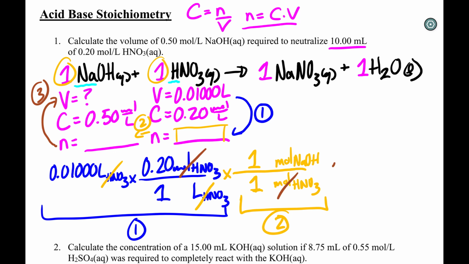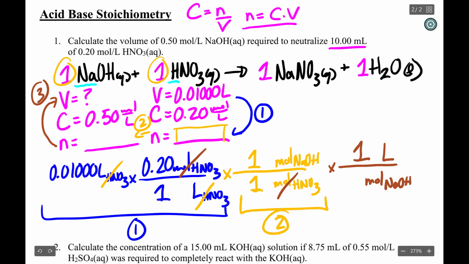Now my final answer I want is in liters. But what I need to do is get rid of the moles of sodium hydroxide, so I'm going to have to put that on the bottom. Well, liters and moles, that is a concentration. This is just inverted. So for every 1 liter, I have 0.50 moles of sodium hydroxide, which is this concentration, just inverted.